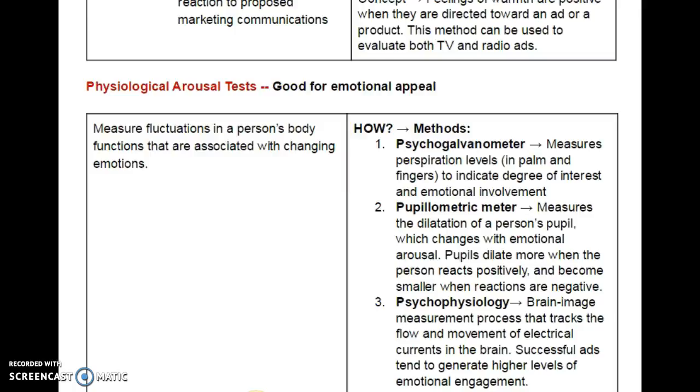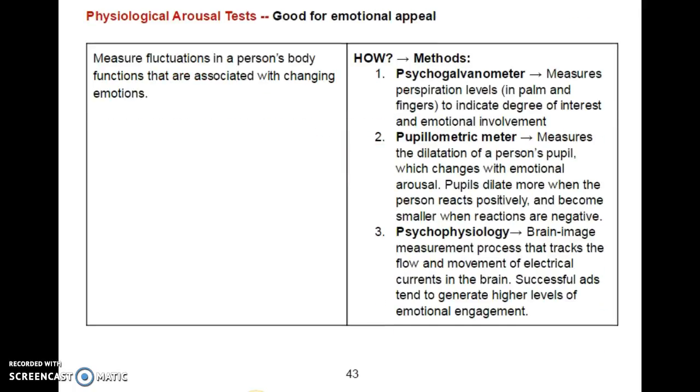Physical arousal tests, good for emotional appeal. They measure fluctuations in a person's body functions that are associated with changing emotions. How? Methods: psychogalvanometer. Psychogalvanometer measures perspiration levels in palm and fingers to indicate degree of interest and emotional involvement.